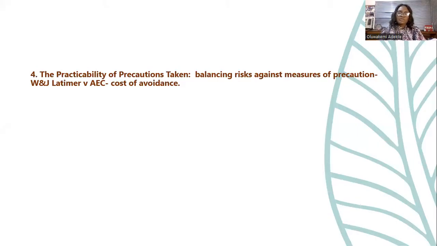The court therefore looks at that standard to determine most activities. In very few situations, the law may take note of a peculiar defendant, for instance, a child defendant, and then determine who is that reasonable person in that context. Then the court looks at some factors to determine whether you have met that standard of care required of you. These are some of the considerations that assist the court in determining a breach of duty of care.